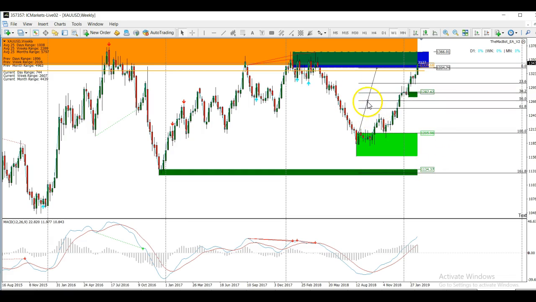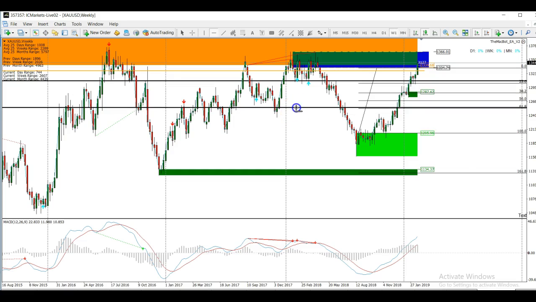What I'm looking for is areas where price broke out from before, and see if it confluences with the fibs. The first area that points out to me is this high here that was taken out. That's going to be my first target on the weekly. Then going down would be this one here to 61.